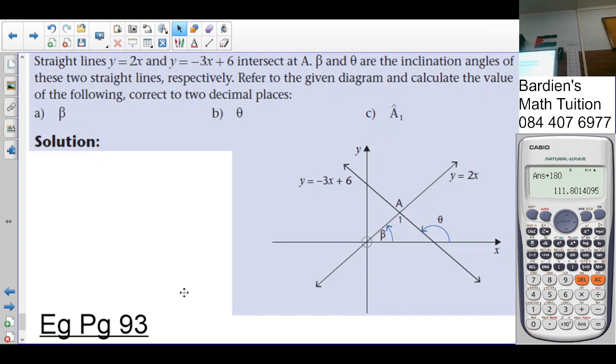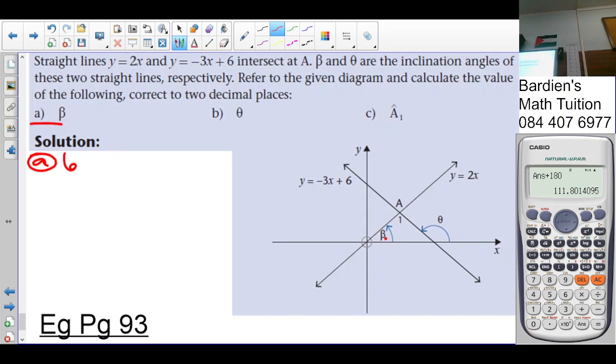So if you look at what we have here, we have this angle beta that we need to work out. So what do we need in order to calculate beta? We need the gradient. So what's the gradient of that line? 2.